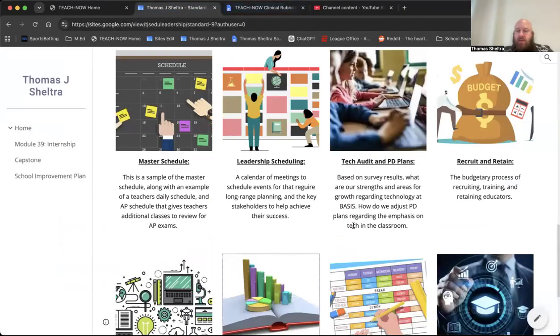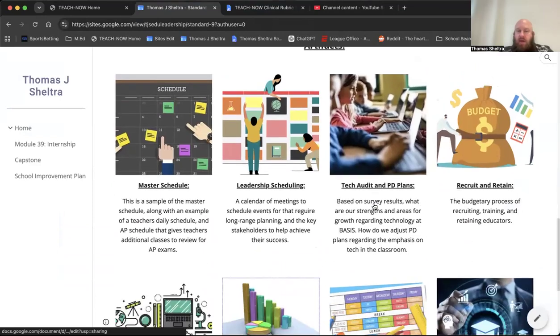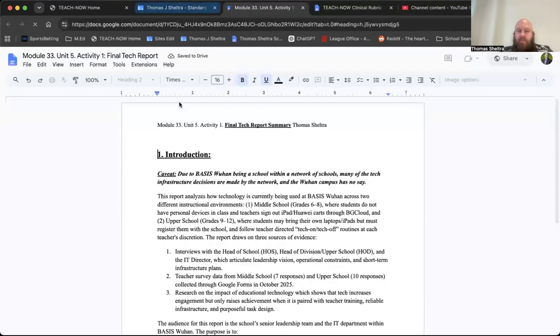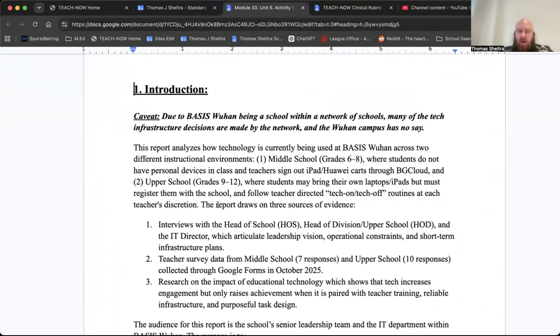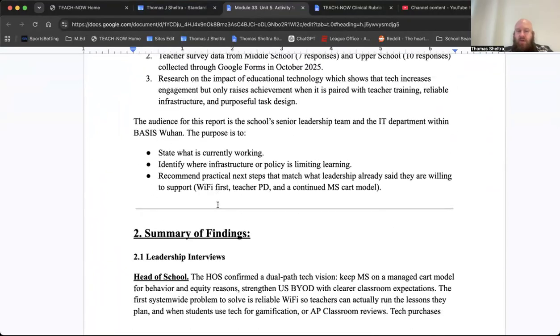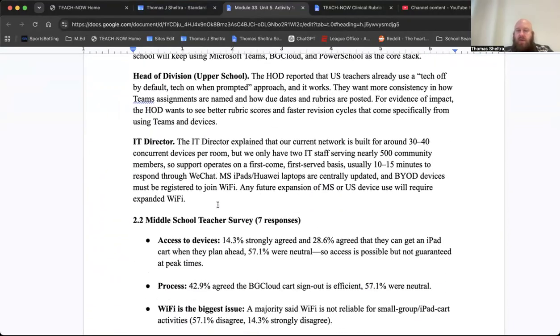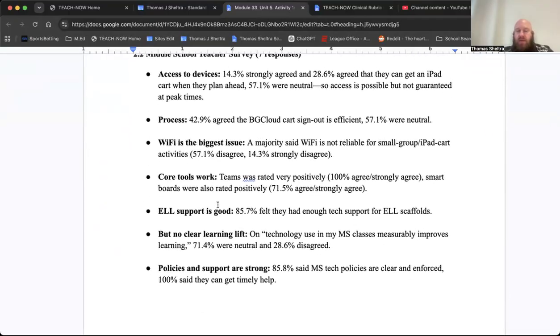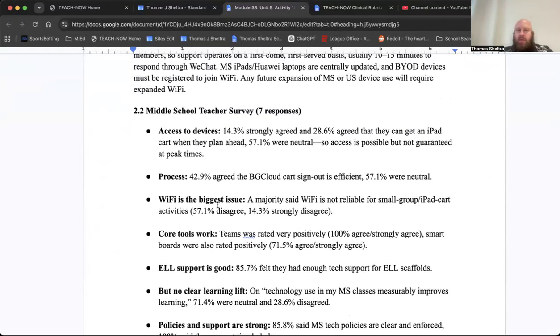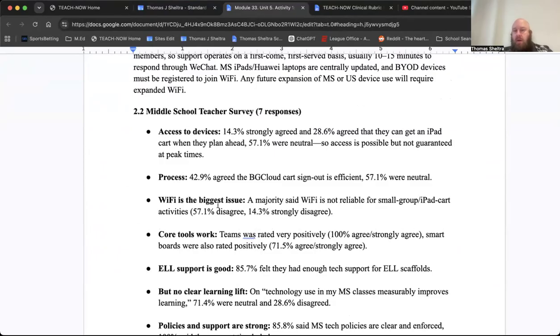And then next is a tech audit to see where our inefficiencies are with the technology that we have, looking at the life cycle costs. This was based on teacher, faculty and staff surveys on where our biggest weaknesses were, what areas we can improve on.